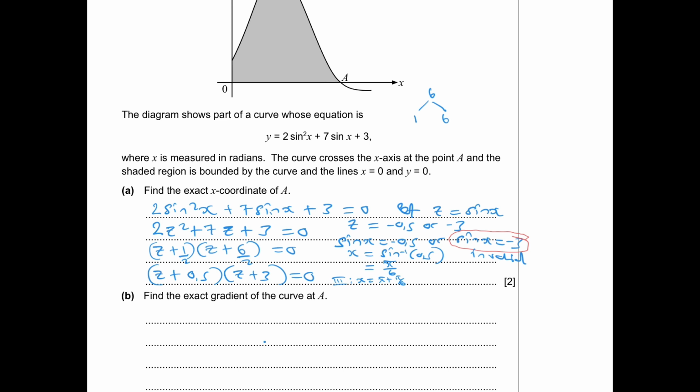So we are not interested, of course, in the one for the fourth quadrant. So all we want is this pi plus pi over 6. So what does that give us? I'm going to have pi over 6 plus pi over 6, which gives me 7 pi over 6.